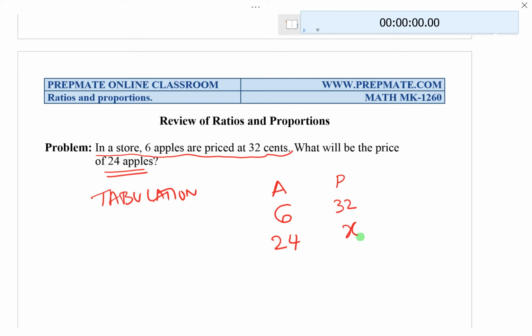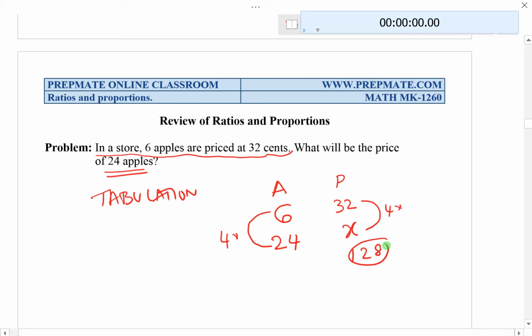The first thing that we notice is that there is an existing proportion in the number of apples. 6 to 24 is 4 times, and therefore the price also will increase 4 times, so 4 32s are 128. That's the answer.